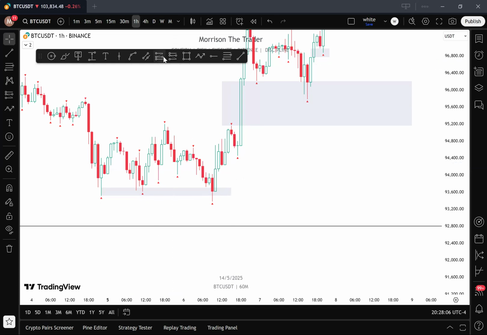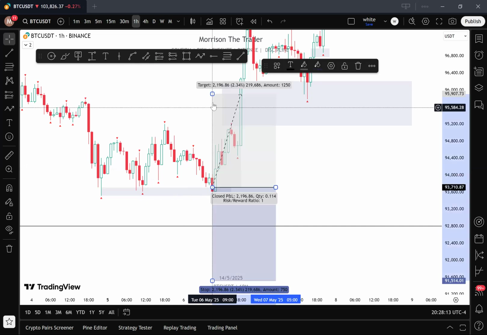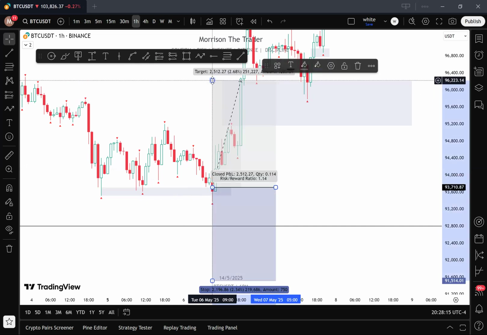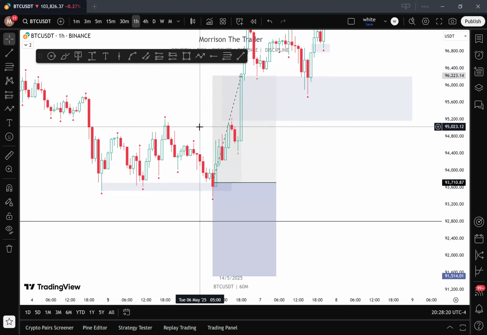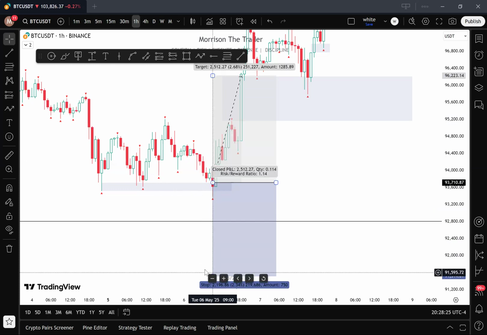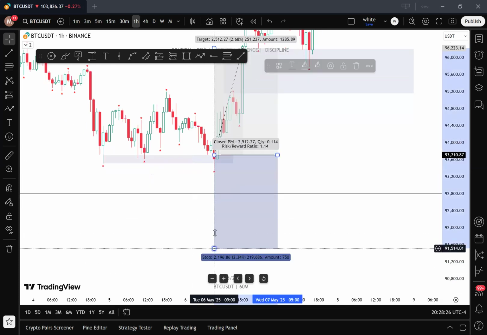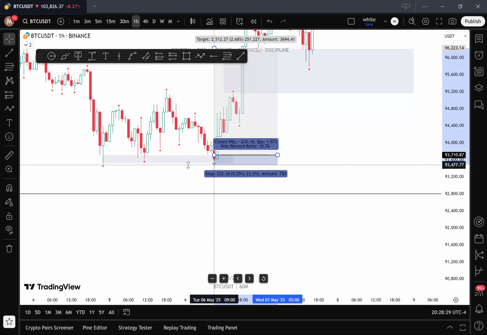The first one is someone who wants to buy. They've already put in their buy limit here. So when price gets to this level, it will trigger their buy limits. But what they don't know is that they will put their stop loss slightly below that level.